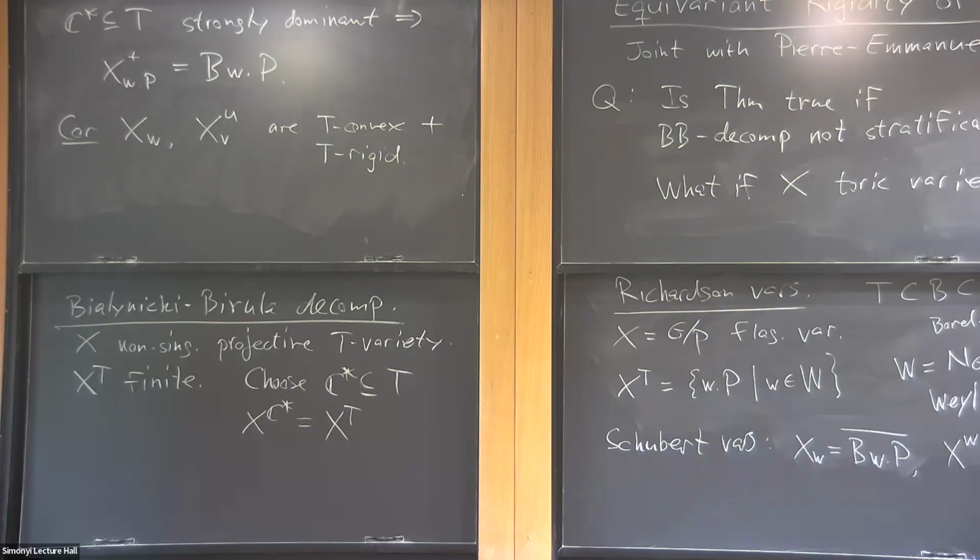You need attractive, otherwise there are counterexamples. No, I agree, but you need that the restrictions to the fixed points are non-zero. But presumably for a generic enough one-dimensional torus, that might be true. Yes, I think so, because attractive means we have a C star that is in a strict half space, and probably the intersection of the relevant half spaces will be non-empty. I think that makes sense.